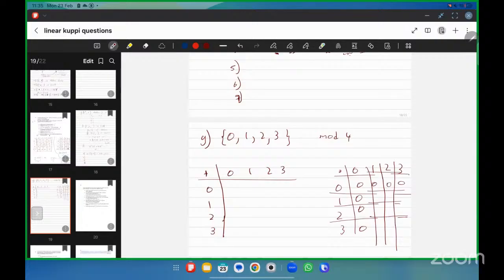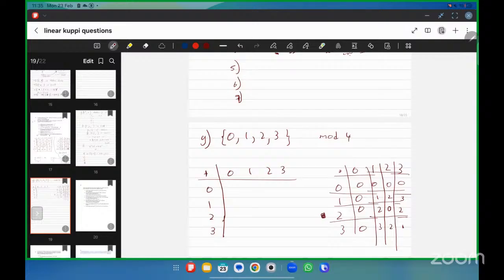The problem is 2 into 2. 2 into 2 is 4, and 4 means it's 0. 1 into 2 is 2, and 2 into 3 is 6. When we divide 6 by 4, we get remainder 2. So the problem is here.